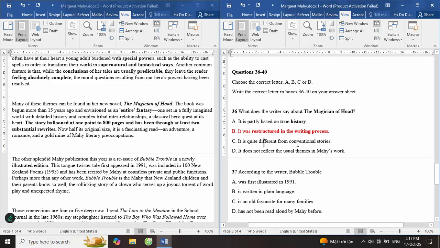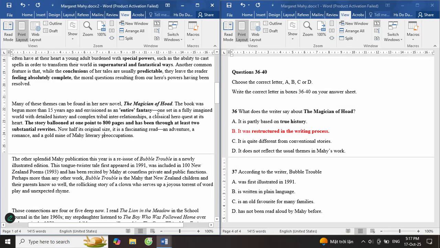Different from conventional stories. Do they talk about that? Does not reflect usual themes. But they said it's a classical hero quest.